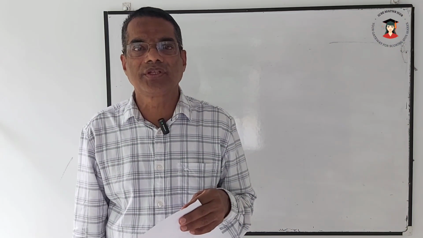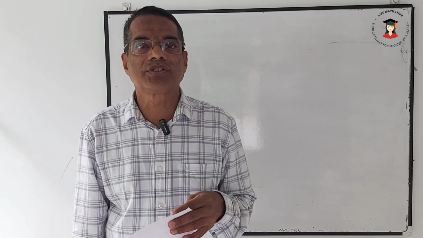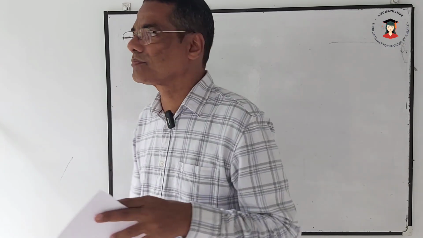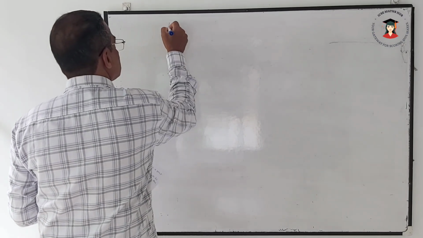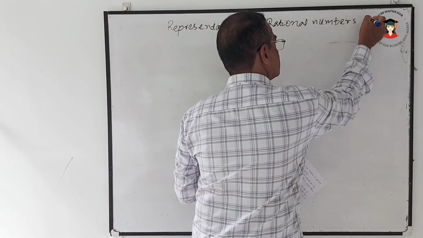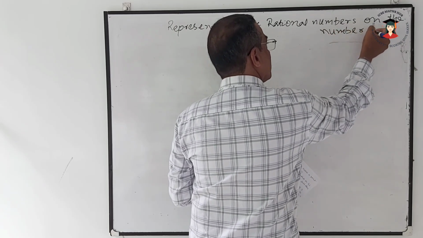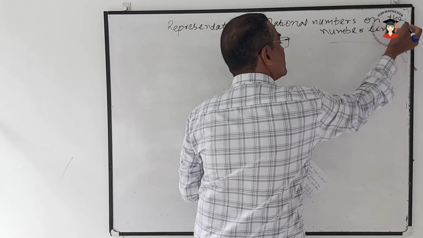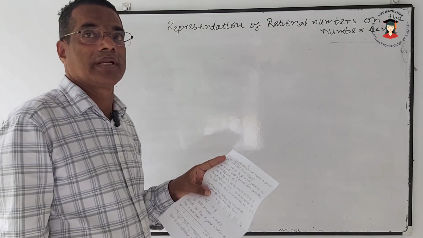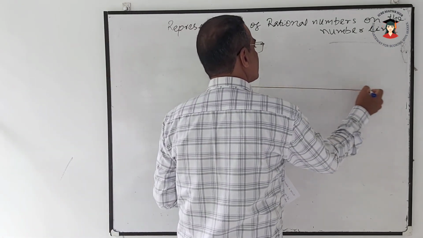Our today's topic is representation of rational numbers on the number line, or real number line. Number line you already know. Number line is like this.